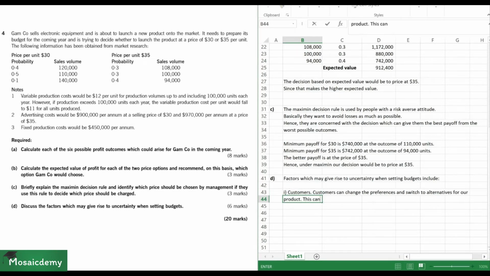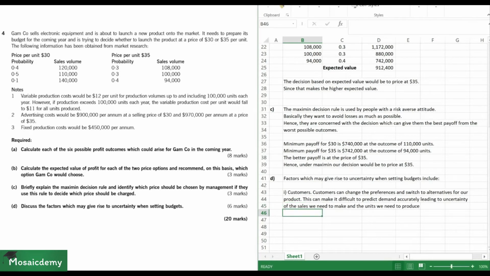This can make it difficult to predict demand accurately, leading to uncertainty, right? Uncertainty of the sales we need to make, and the units we need to produce, right?